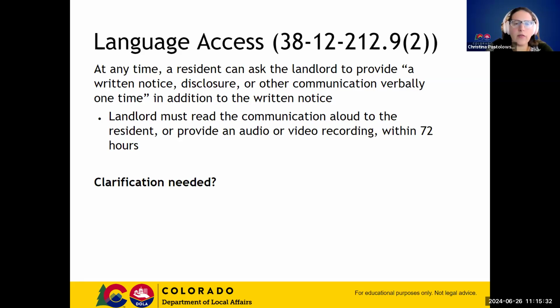So if a local government or nonprofit was looking for that information, mailing information for residents, they could submit a Colorado Open Records Act request to the Division of Housing to provide that information. We do not collect anyone's names as part of that, and landlords are specifically asked not to include names when they submit mailing addresses to the division.